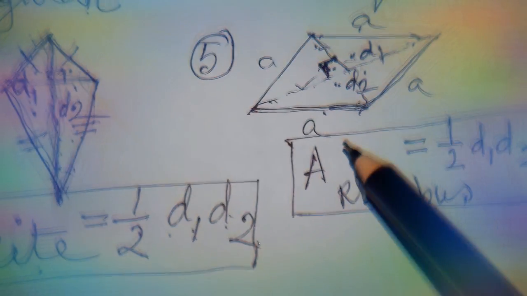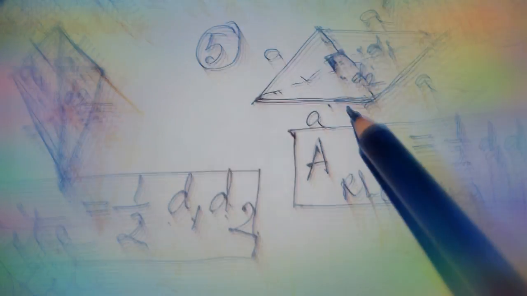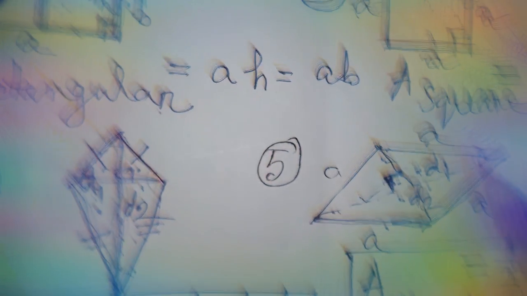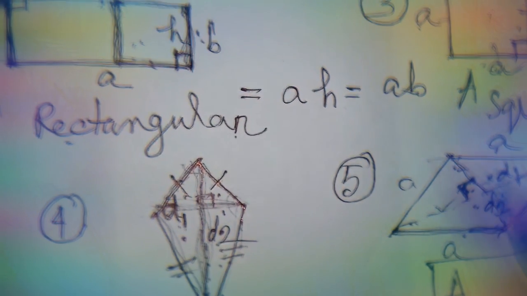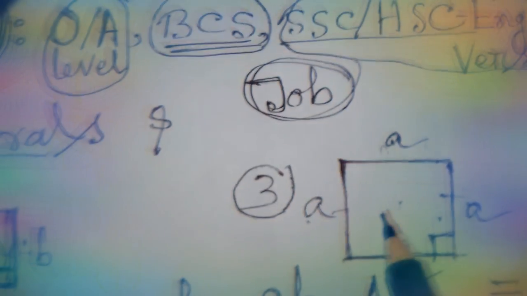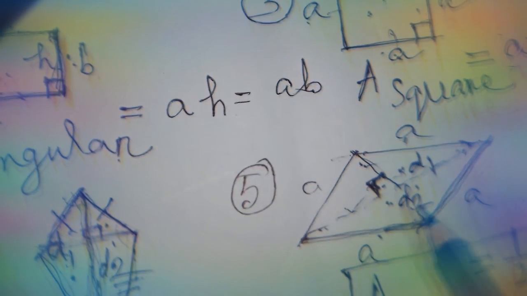Similarly, number 5, rhombus. In a rhombus, the conditions are almost like the square. Here all the angles are 90 degrees, but here no angle is 90 degree.